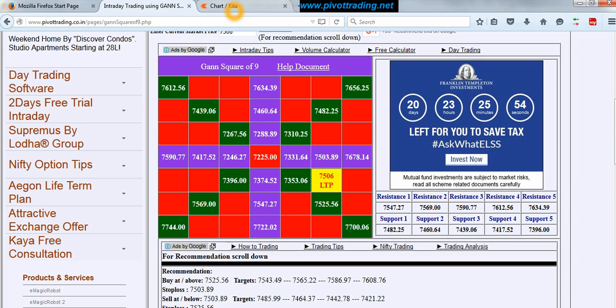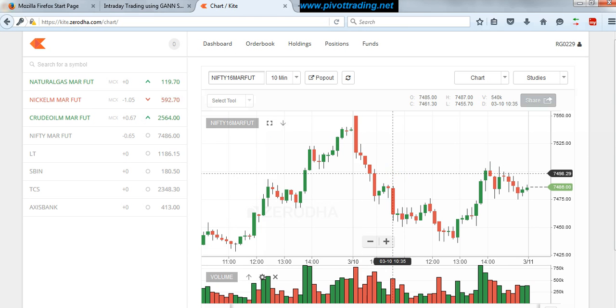So let's see till what targets got matched today. The sell was triggered at 7503. Then in the next 10 minutes, we got our target achieved at 7485. Next target was at 7464. We got our next target achieved after 40 minutes or so, at around 10:35.